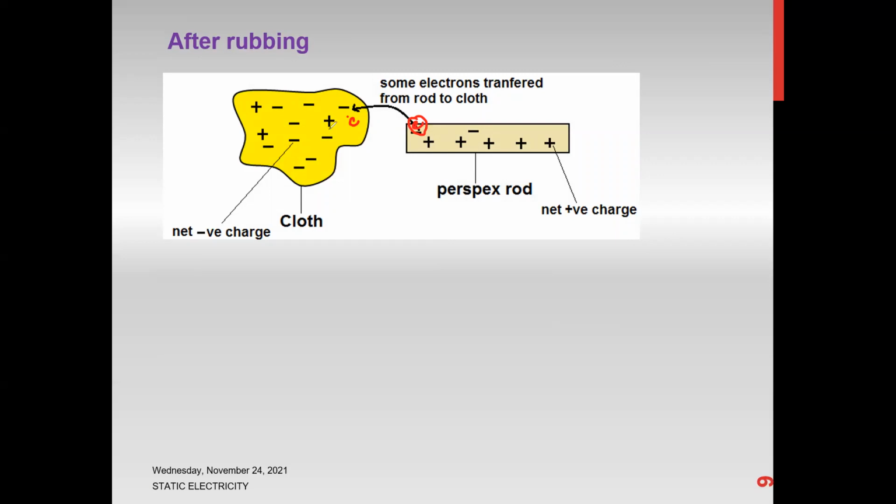Because the rod is losing electrons, the net charge will be that there are some negative charges, but the majority are positive. And there are some positive charges on the cloth, but the majority are negative. So this charging occurs due to friction or rubbing. We call that electrostatic charging, or charging by friction.